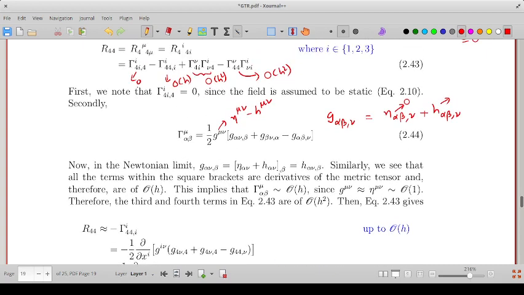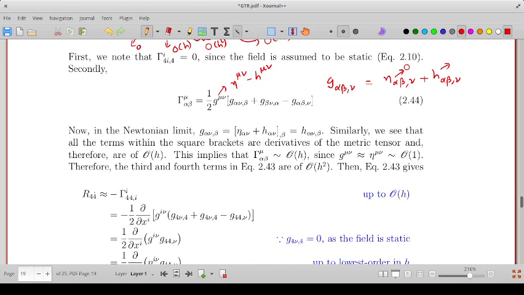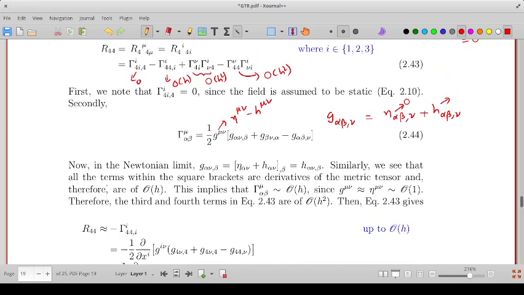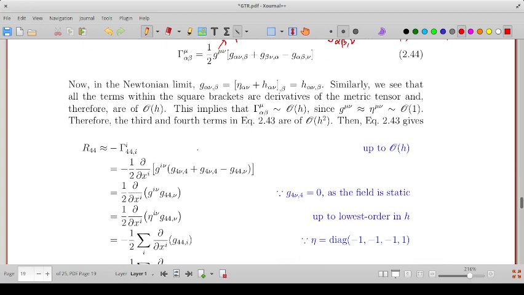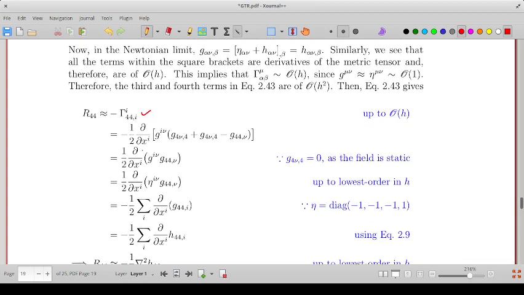So the lowest order term in h in R44 is simply the second term, which is minus gamma I 44 comma I, and this is up to order h. But now gamma I 44 is simply given by half g I nu times g4 nu comma 4 plus g4 nu comma 4 minus g44 comma nu. Now comma I means the derivative with respect to xi.